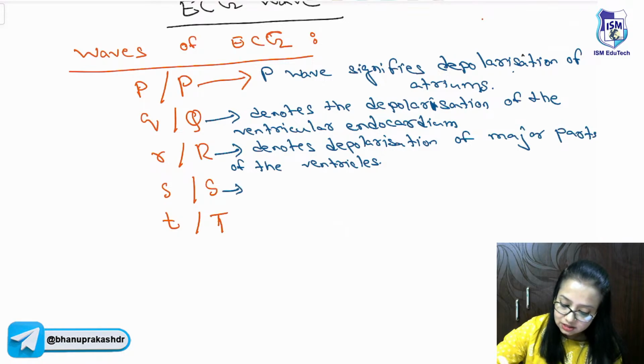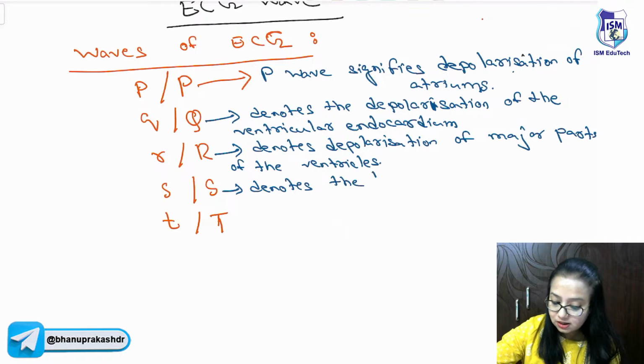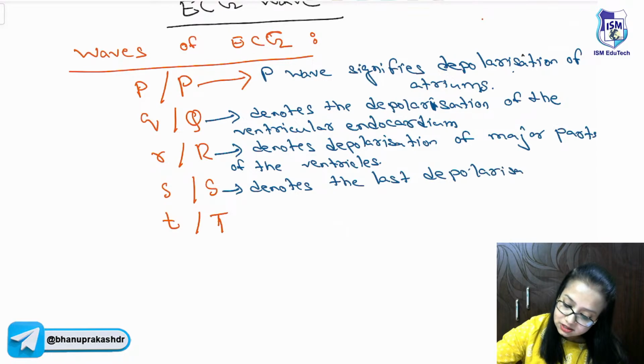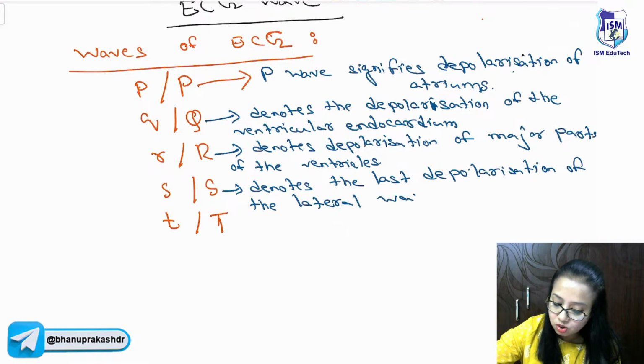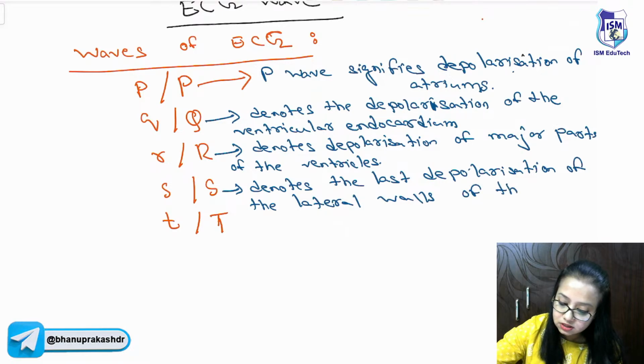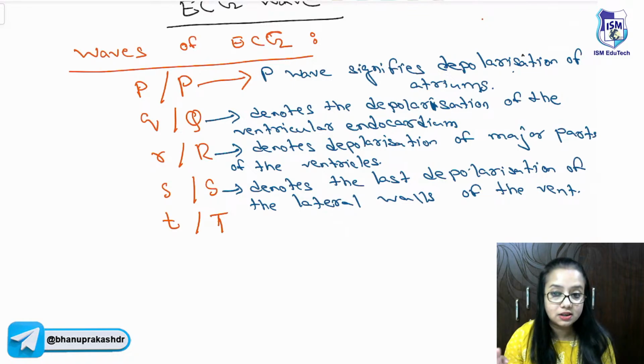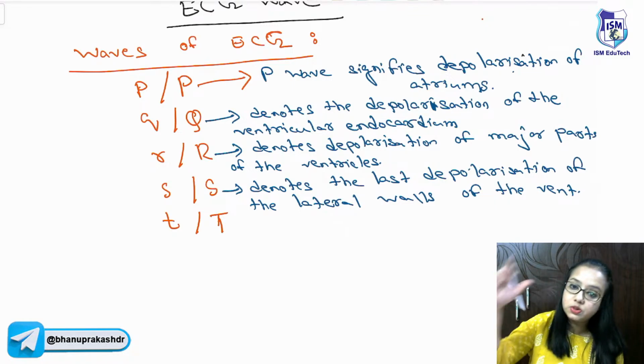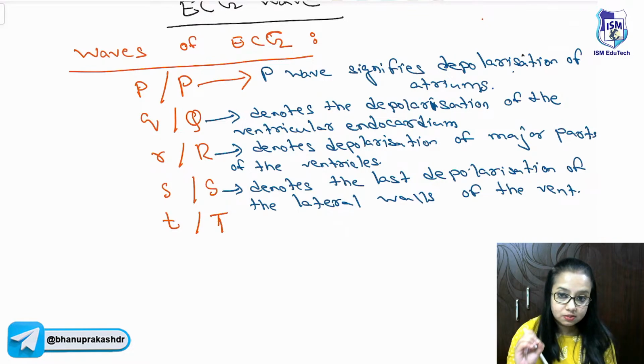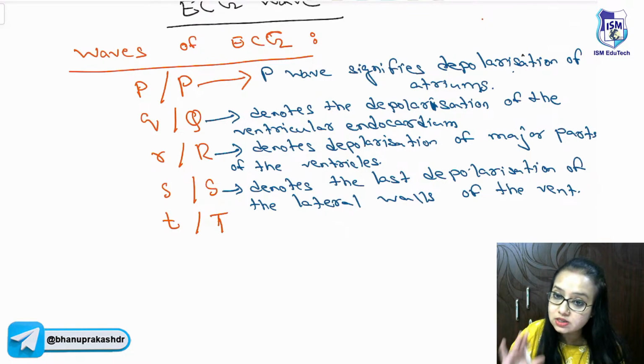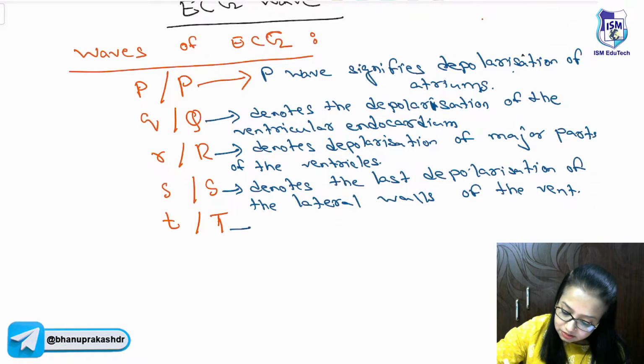And S denotes the last depolarization of the lateral walls of the ventricles. Okay, the posterobasal lateral walls of the ventricles, that depolarization is reflected by the S wave. Now, what does the T wave denote?